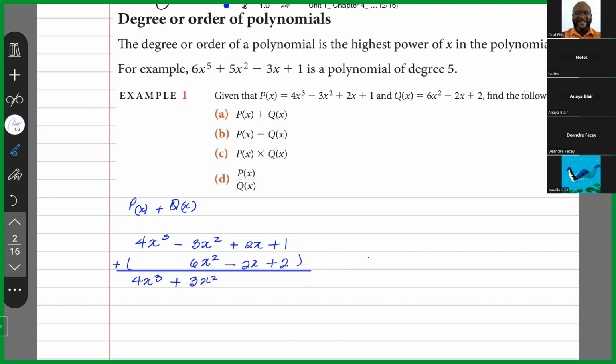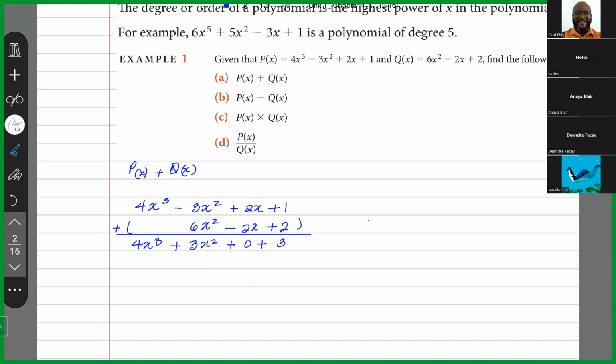Now 2x plus minus 2x is 0. And 1 plus 2 is 3. So p of x plus q of x is simply 4x cubed plus 3x squared plus 3.